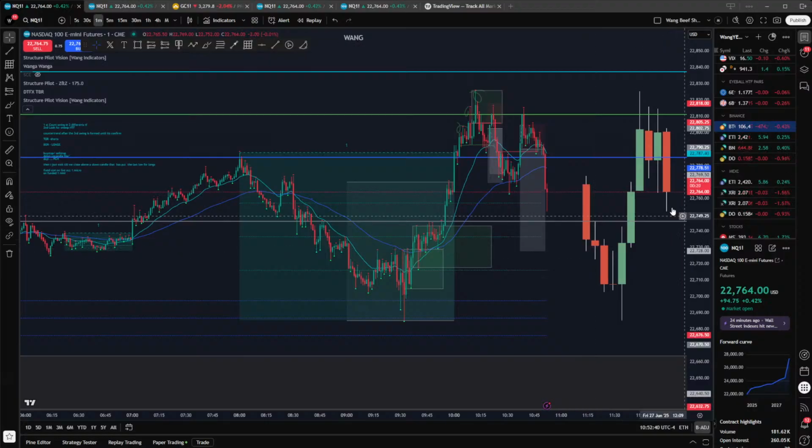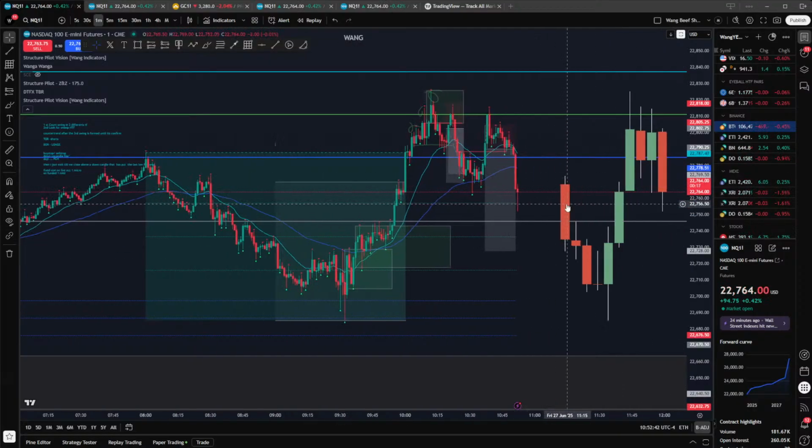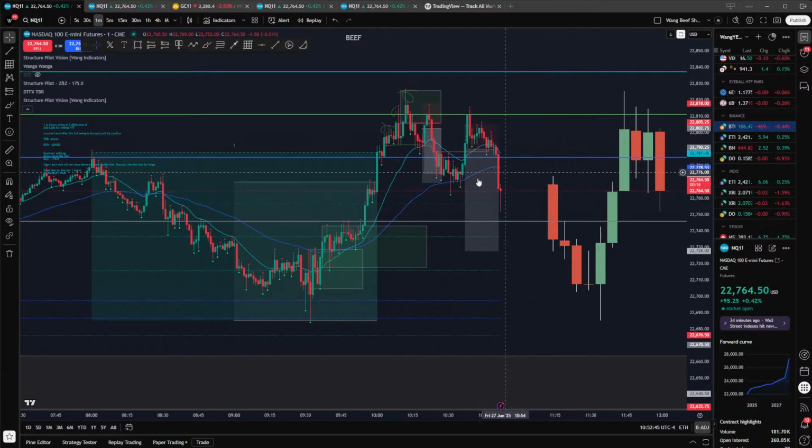How long till the close? 20 seconds till the close of the current candle. Let's see how this closes. I don't like it.